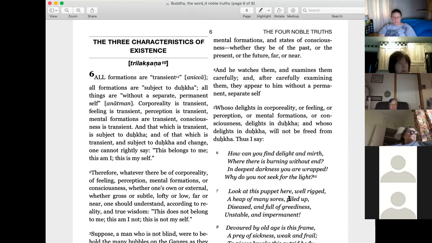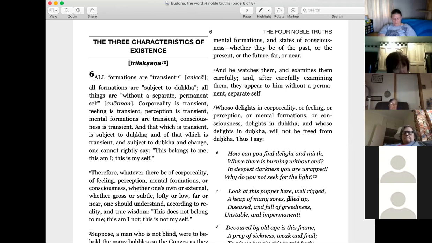And then all those things that have this transient experience are also subject to dukkha, because even the process, the experience of impermanence, is dukkha itself, because there are times where we're having a great time. It's wonderful. We're so happy. And then suddenly it's over. And now we're disappointed because the happy time is gone.